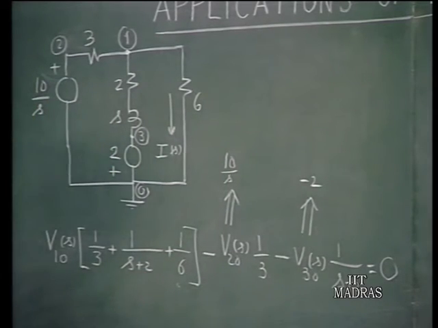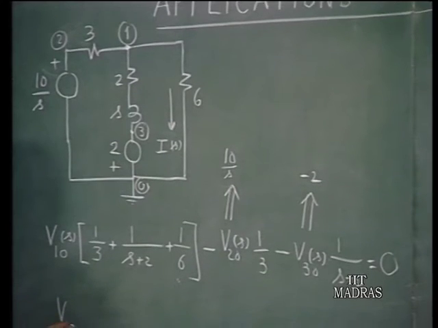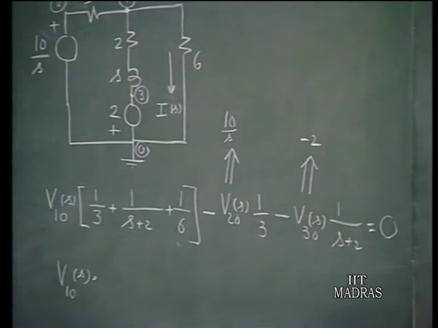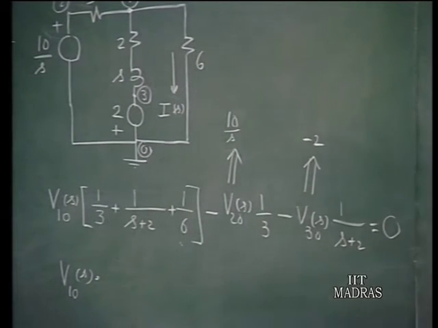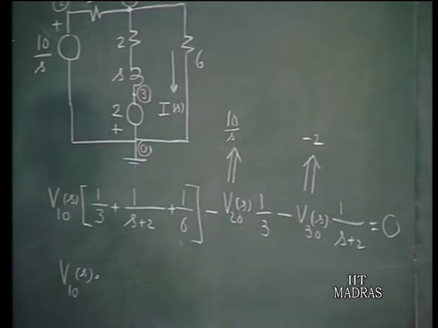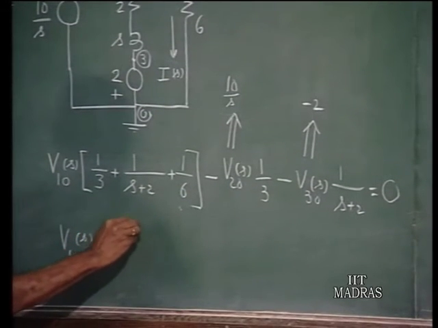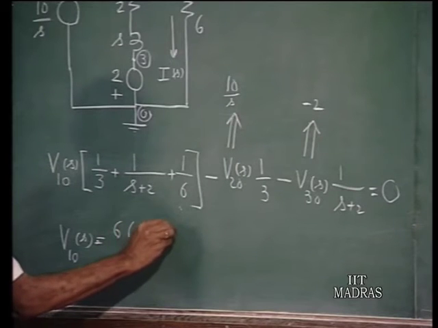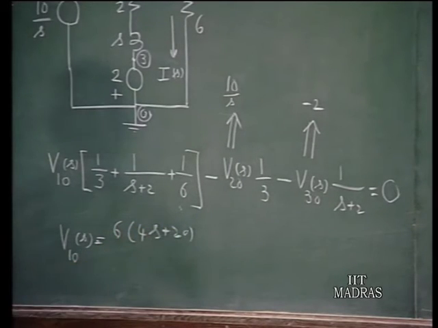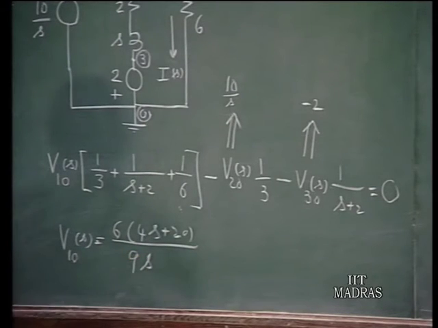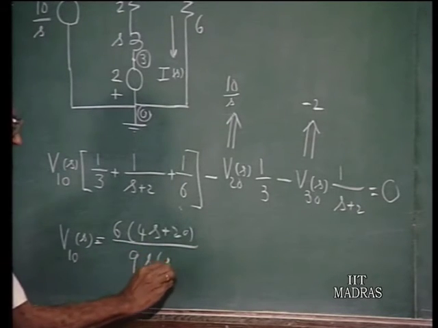On substitution of these values for V20 and V30, we can get V10 of S. V10 of S can be calculated and shown to be 6 times (4S plus 20) divided by 9S times (S plus 4).